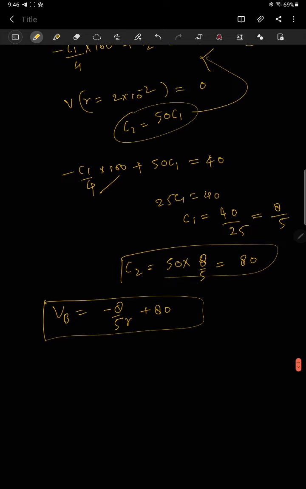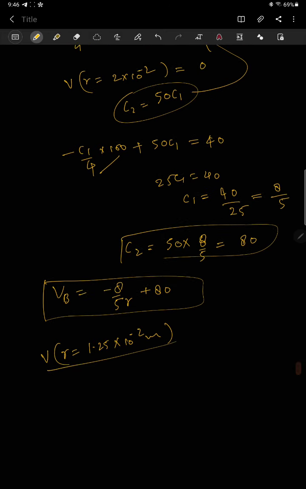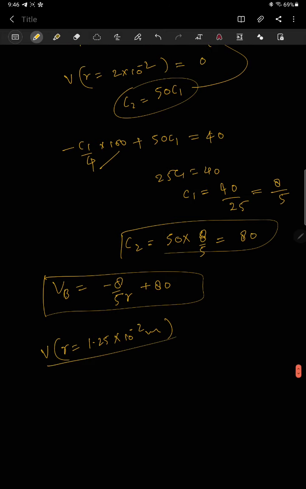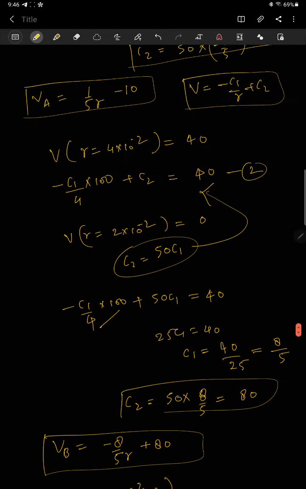Now the potential is asked at R equals 1.25 centimeter, which means 1.25 into 10 to the power minus 2 meter. The potential is asked at this distance. So how much will it be? And the potential at R equals 2.5 centimeter. Okay, so we have to evaluate this. So when this comes in the VA region, this comes out in the VB region. So put R equals 1.25 centimeter in VA.